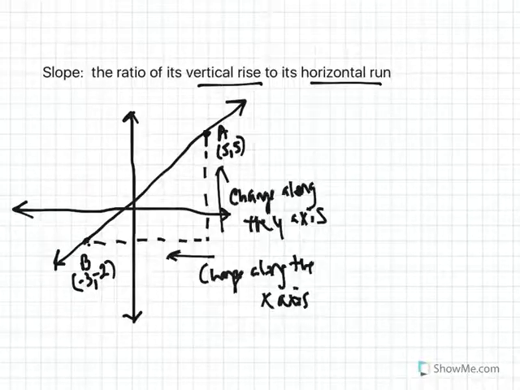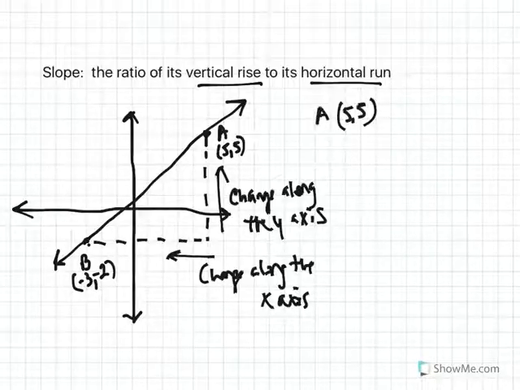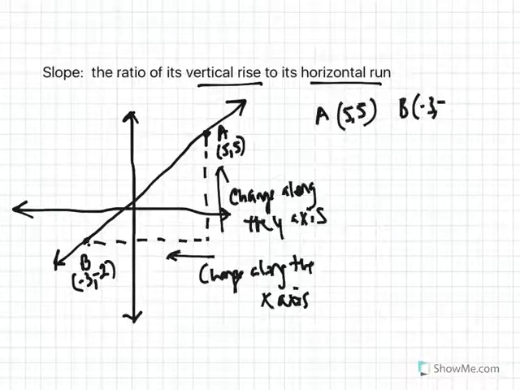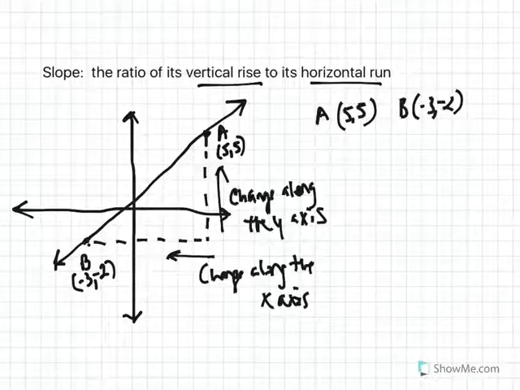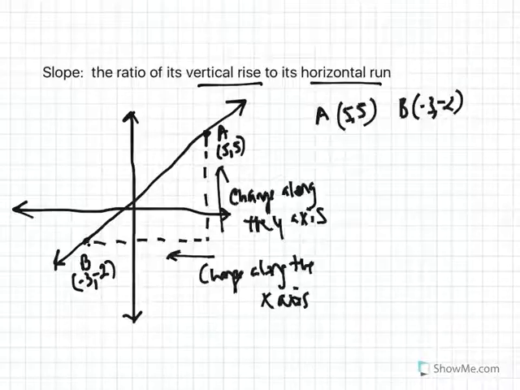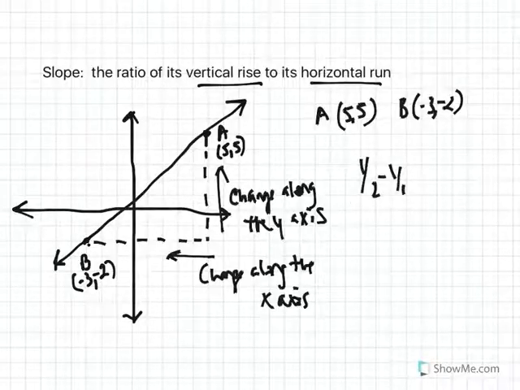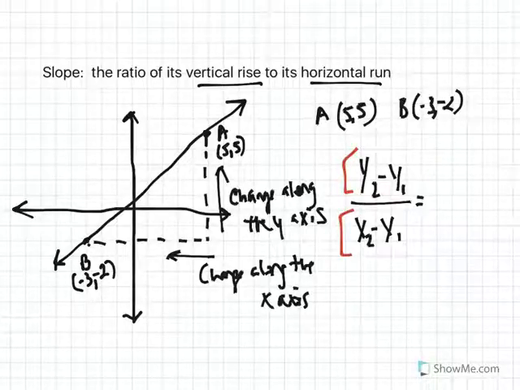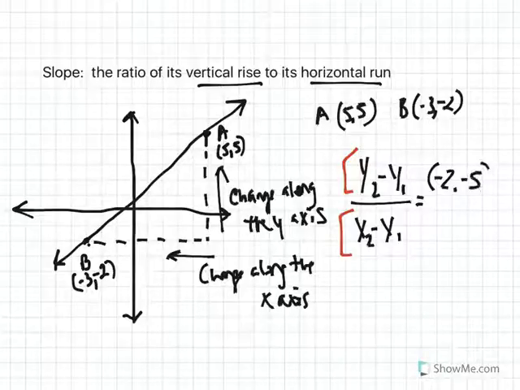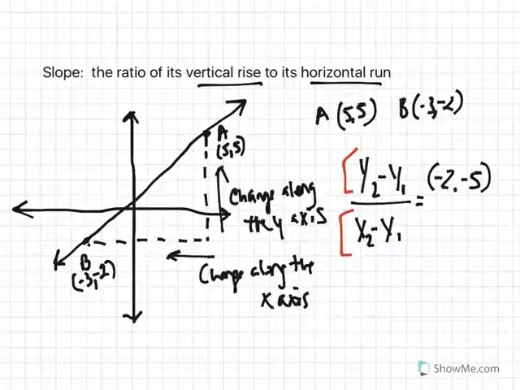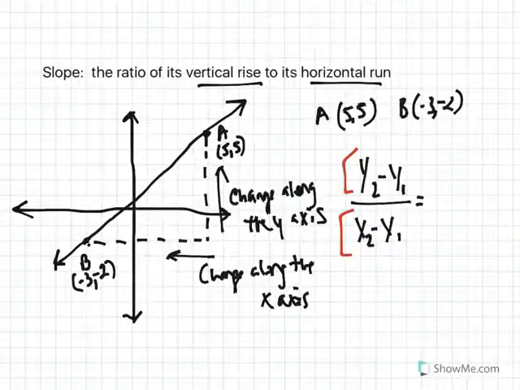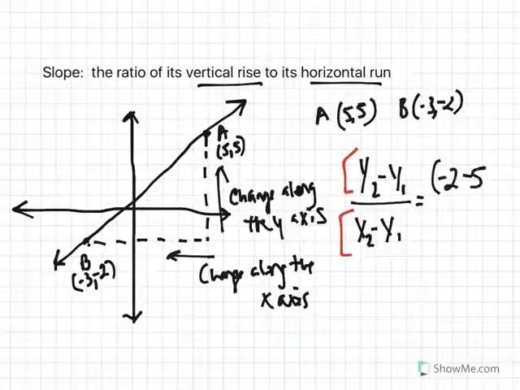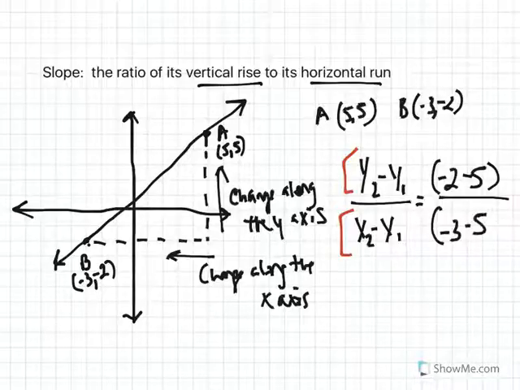So if we have these two coordinates, 5, 5, which is A, and B, which is -3, -2, we can find the change along the y-axis and the change along the x-axis by plugging these two coordinates into the equation y2 minus y1 over x2 minus x1, or the change in the y's over the change in the x's, as -2 minus 5 over -3 minus 5.